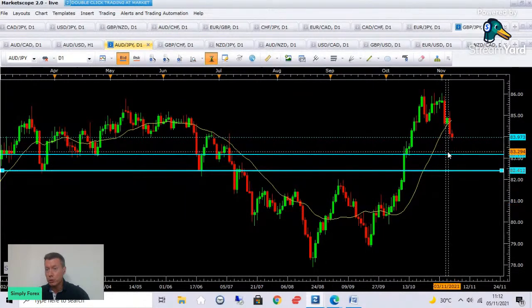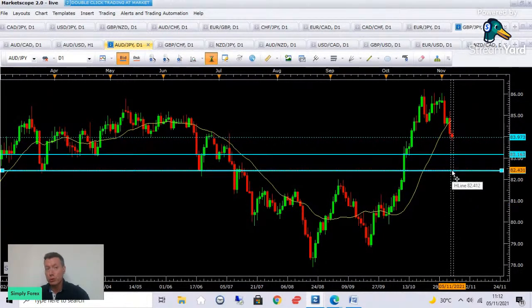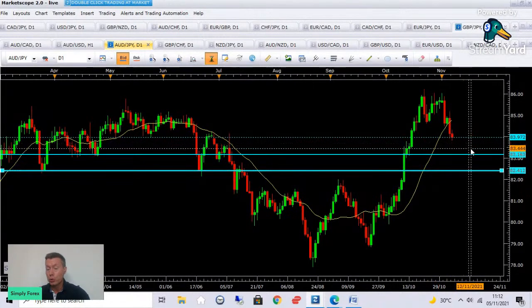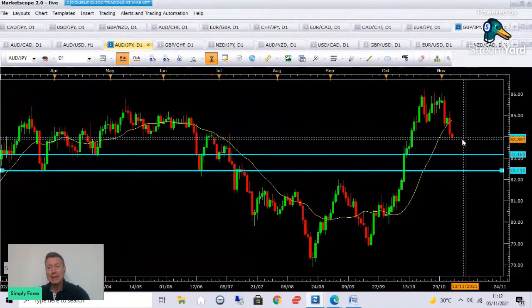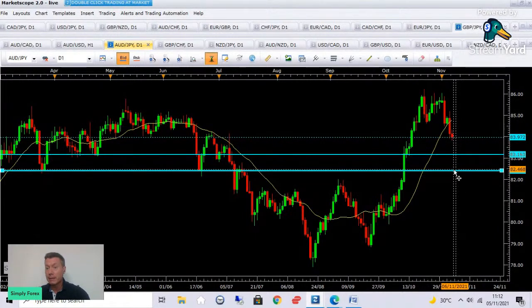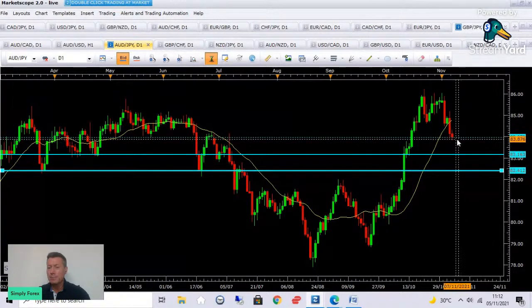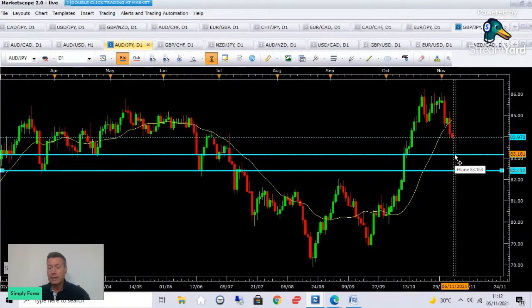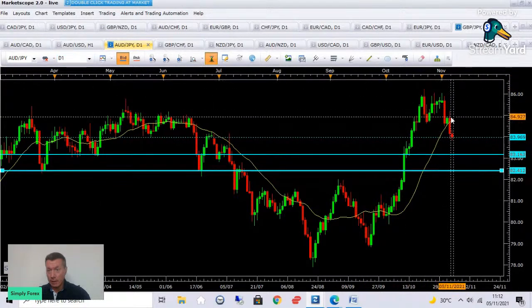But these are potential targets for this Australian dollar to go short. Again, I don't expect the market to hit these targets in the space of one day. They might, we don't know, but I don't expect them to do that in one day.